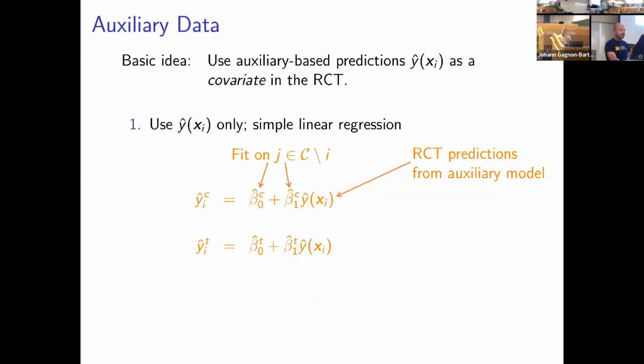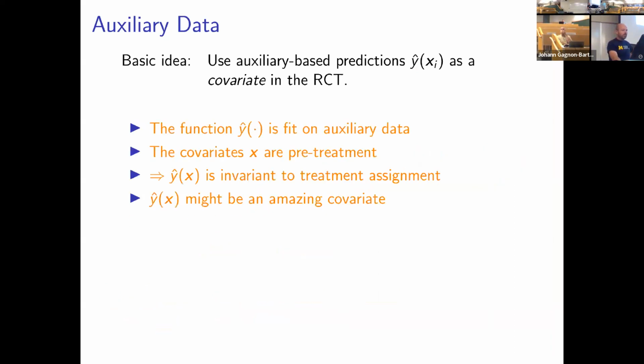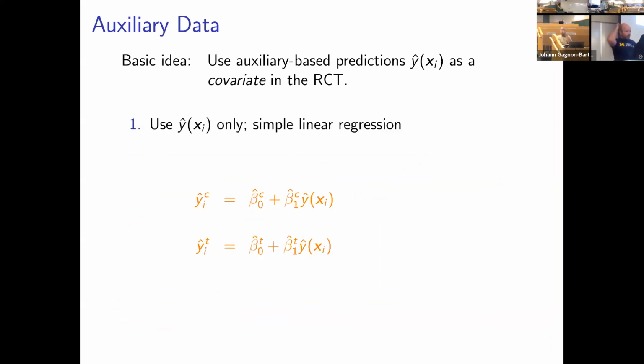Now let me go back to here. One way of doing this a little more explicitly would be to use just a simple linear regression within the RCT.